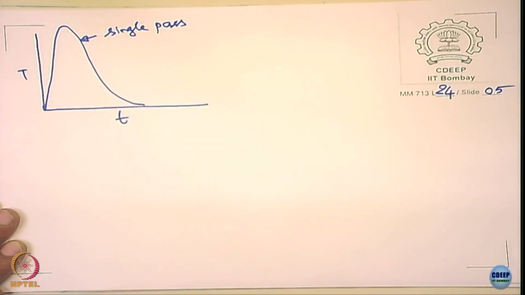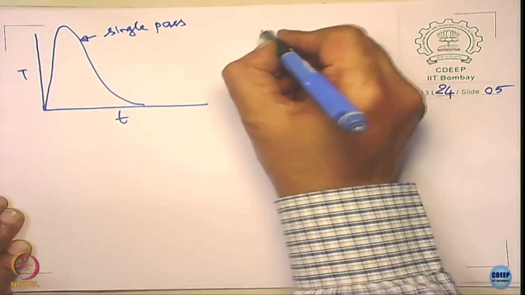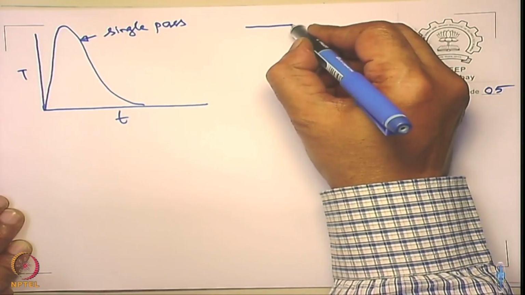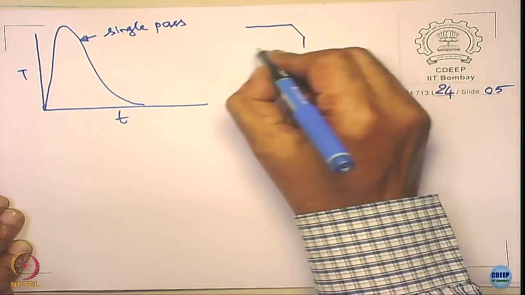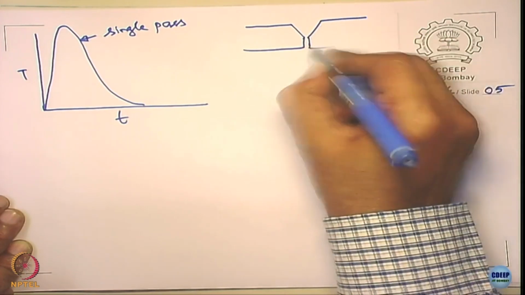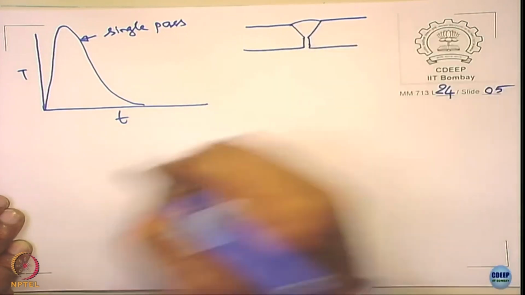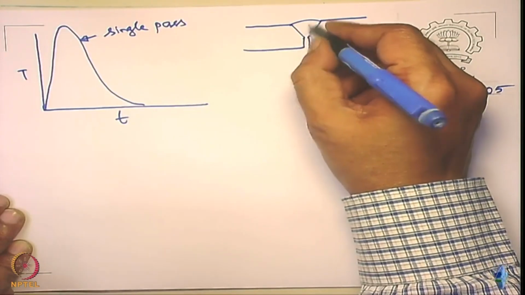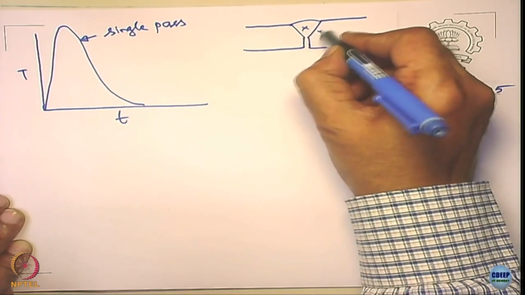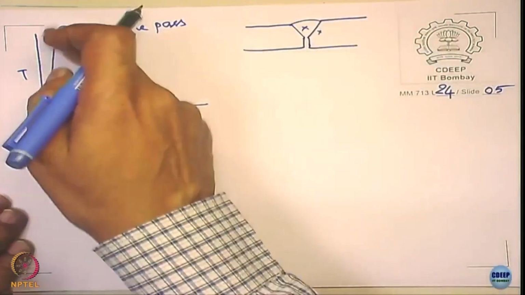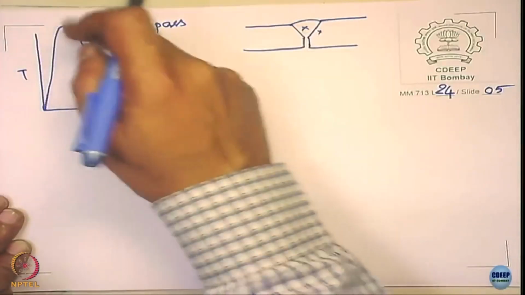Single pass. If I measure the temperature anywhere, the highest temperature may change, but the cycle is going to be the same.